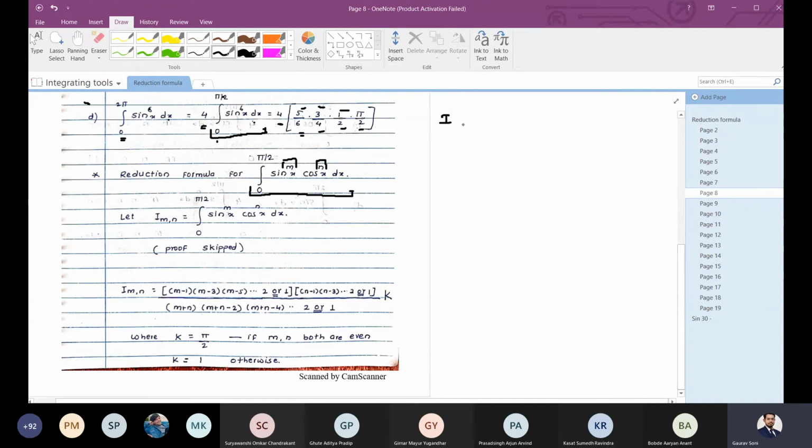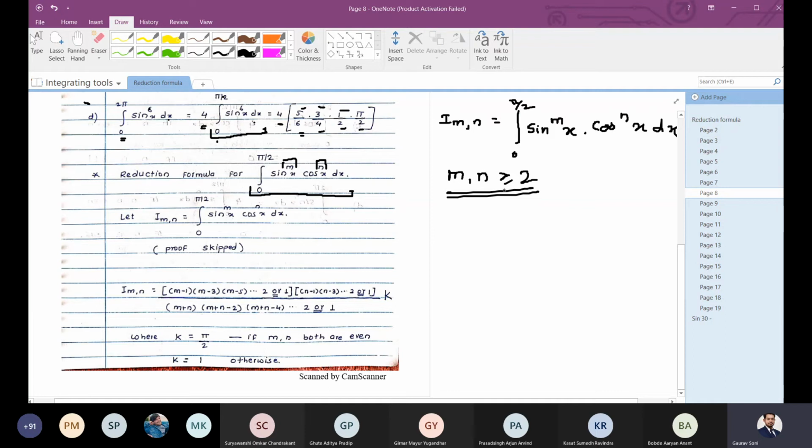We consider Imn, where m represents the power of sine and n represents the power of cos: 0 to pi by 2 sine raised to m of x cos raised to n of x dx. Again, there is a condition: both m and n have to be greater than or equal to 2, or else this formula won't hold. It has to be mentioned somewhere.